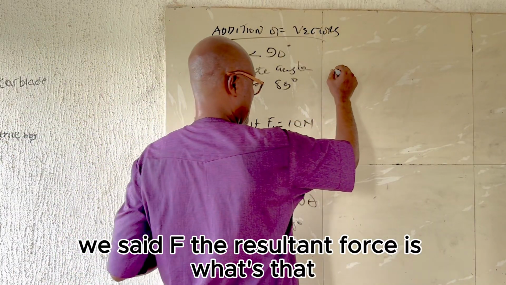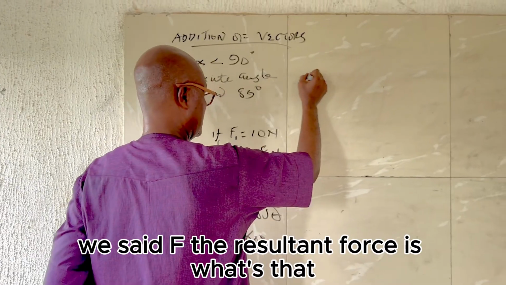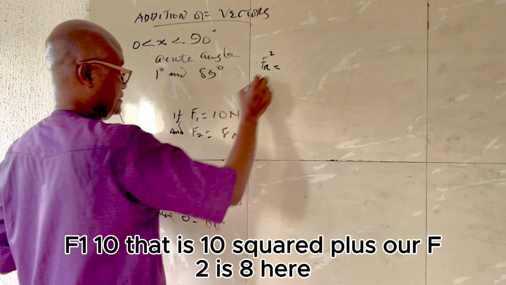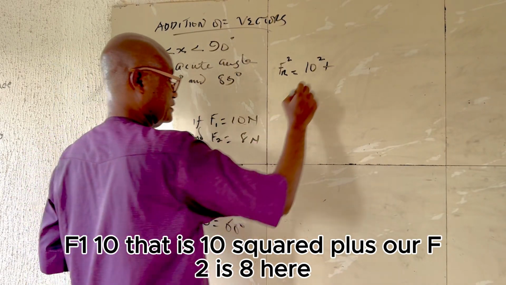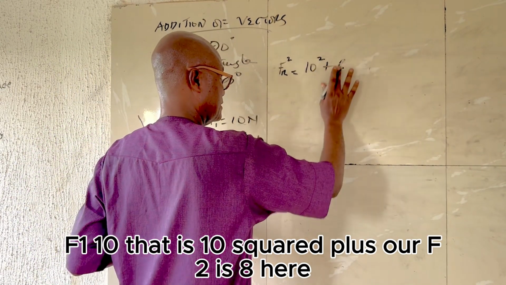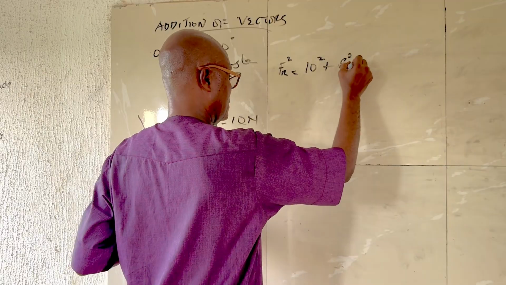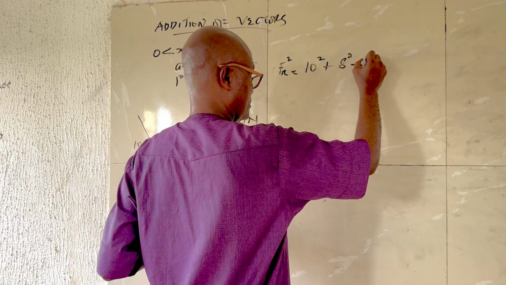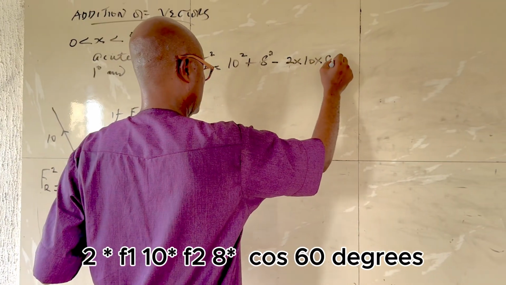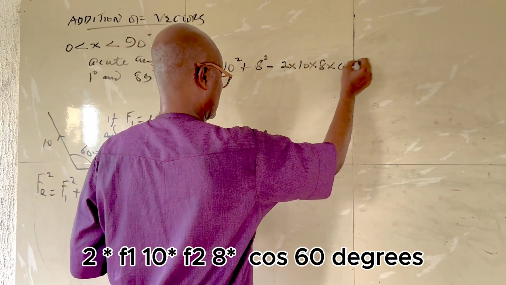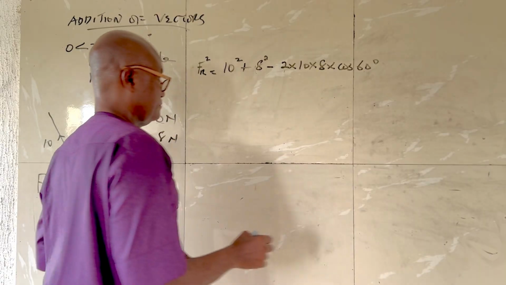We said F, the resultant force here, is, what's our F1? 10. That is 10 squared plus our F2, which is 8 squared, then minus 2 times F1, 10, times F2, 8, times cos 60 degrees.